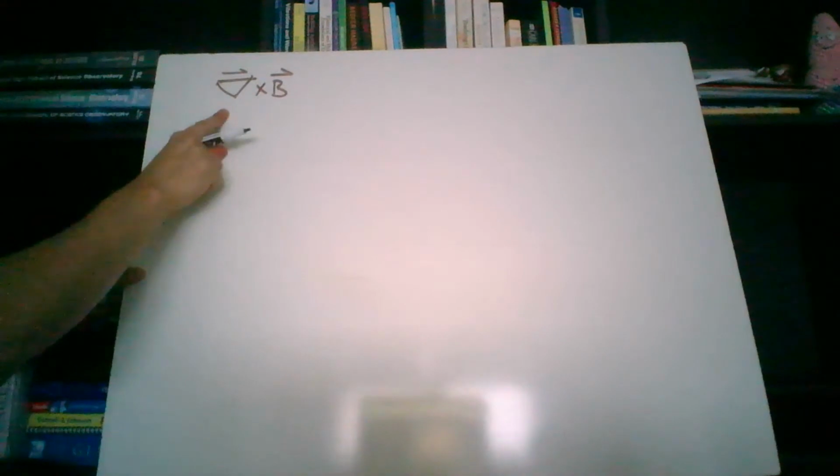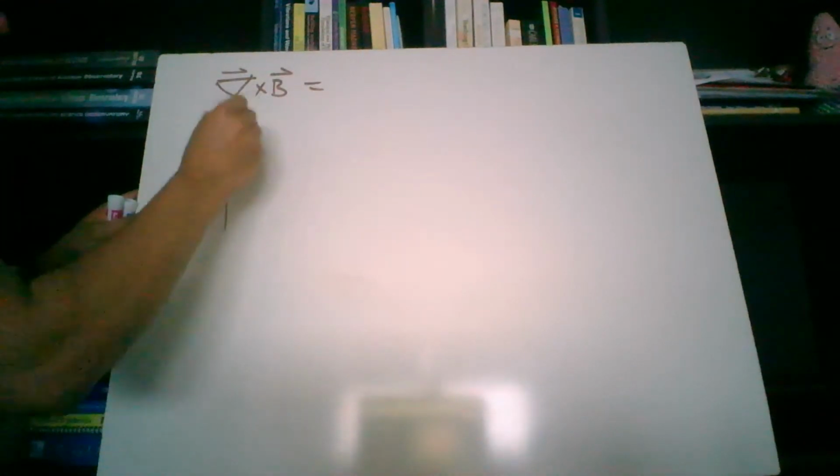Let's do it with the curl of B because we're talking about physics here. So the curl of B, and this is actually a vector too, and this should be a cross. When you take the curl of some vector here, you get a vector back. Whereas when you take the dot product or the divergence, you get a scalar quantity. Here you're going to get a vector quantity, which means it has an x, y, and z component to it.